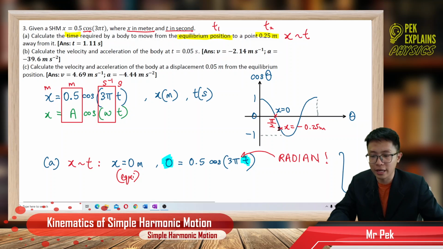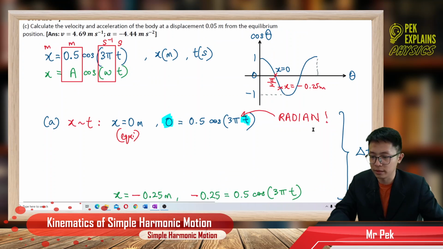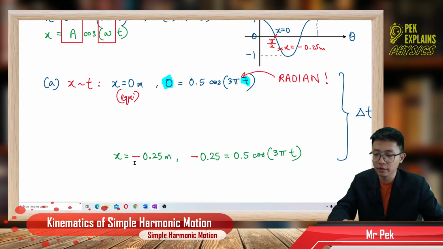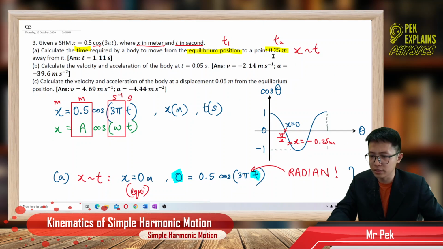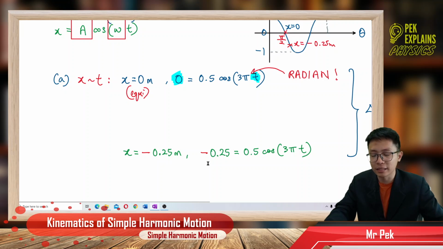Because the graph goes down. Here it just says 0.25 meter away from it. It can be above the equilibrium or below the equilibrium. But as you see the graph, from equilibrium to 0.25 meter away means the graph goes down. So this is 0.25 meter below the equilibrium. So negative 0.25.